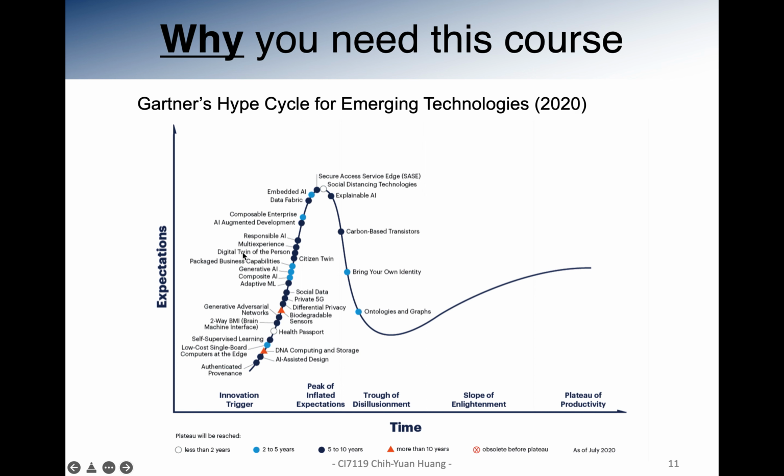The digital twin concept is quite important, not only for a person, but it could be extended to, for example, a building, a city, or even a country. So digital twin development has attracted quite a lot of attention recently. And there are other things. I believe you can take a look by yourself, and try to think about whether they are related to the GIS field or not.